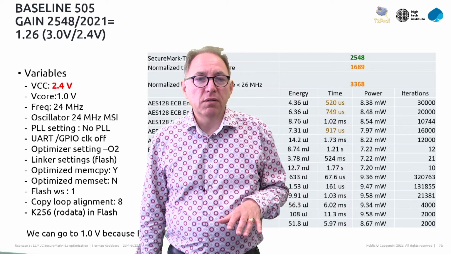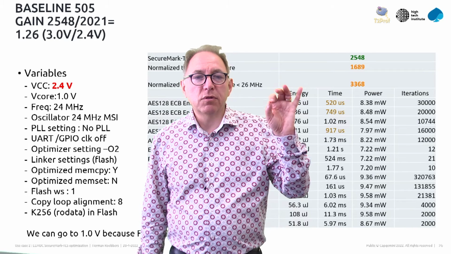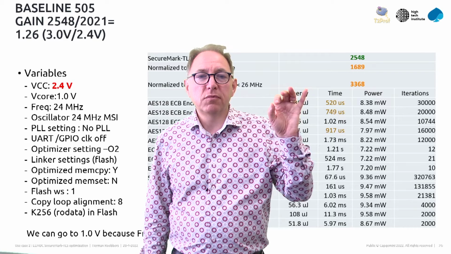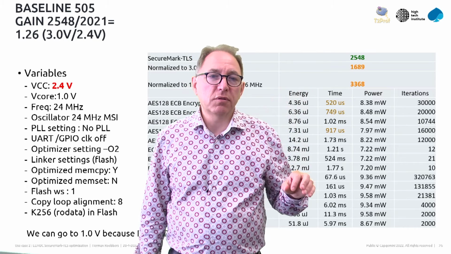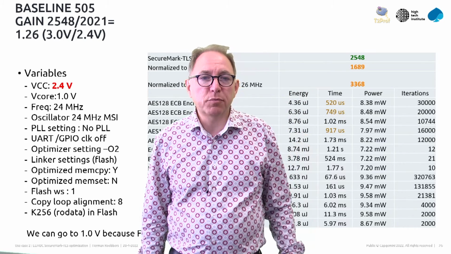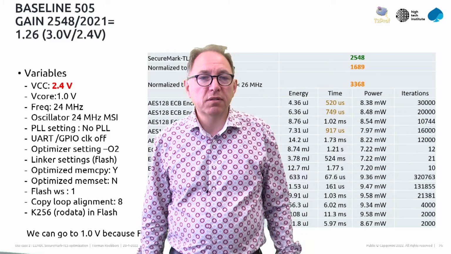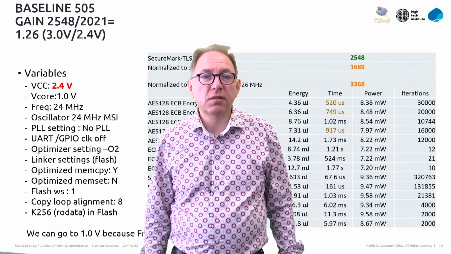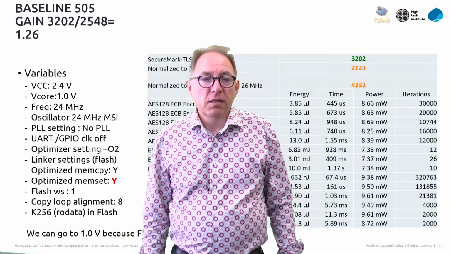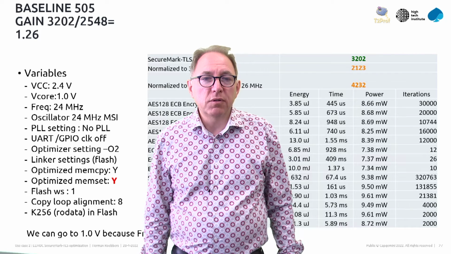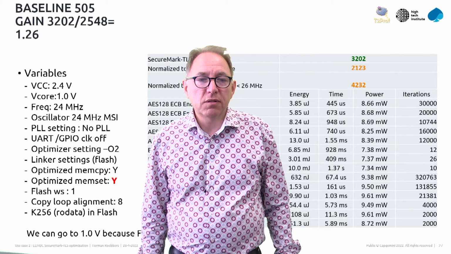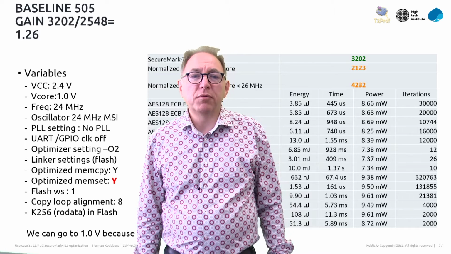And then we lower the voltage, the normal voltage, from 3.0 to 2.4, which gives us 26% improvement, just like that. Very nice. Then what we do is we change the memset function to an optimized version.